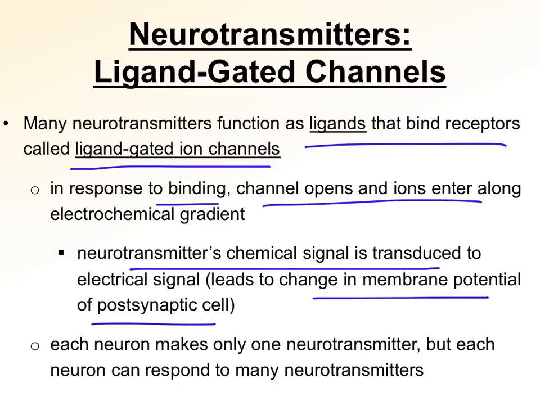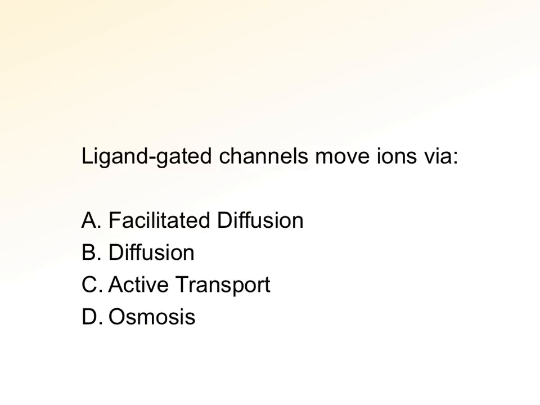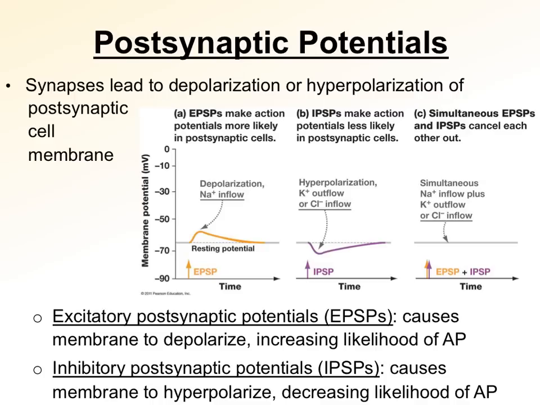And while one neuron can only make one type of neurotransmitter, neurons can respond to many different types of neurotransmitters. That's written here. And we'll talk about how a neuron is able to receive lots of different information from different neurotransmitters and then figure out what it's supposed to do. We'll talk about this one in class.